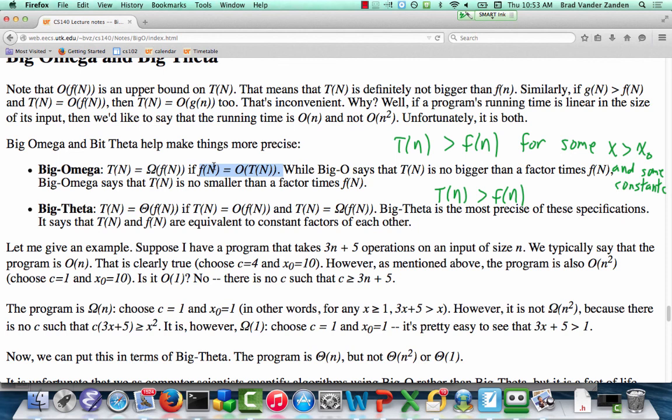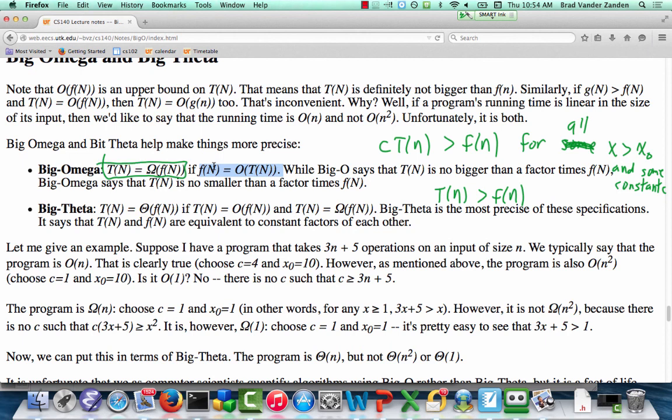So at some point c times T of n is greater than f of n. Therefore, f of n is a lower bound, and we say that T of n is big omega f of n.